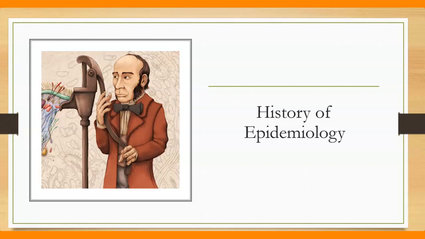So first, the history of it was through the cholera epidemic in mid-1850, when John Snow noticed the relationship between cholera deaths and drinking water source. So that's why this picture here. He identified that polluted waters or unclean water was not safe to drink, and he related it to the deaths.